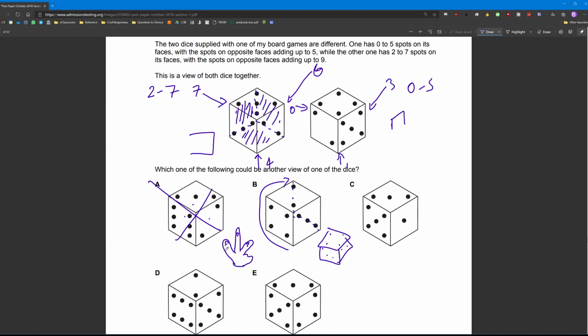You let your thumb be one number. It points to one face on the die. Your middle finger points to another face on the die, and your index finger, your second finger, points to the top face of the die.